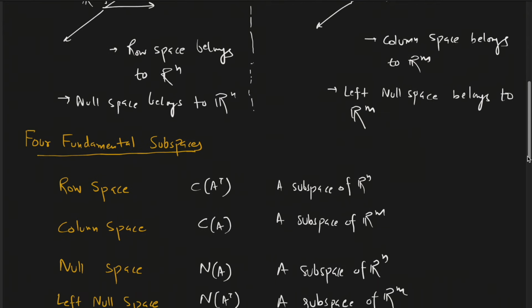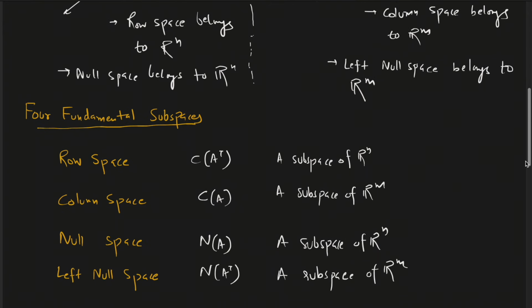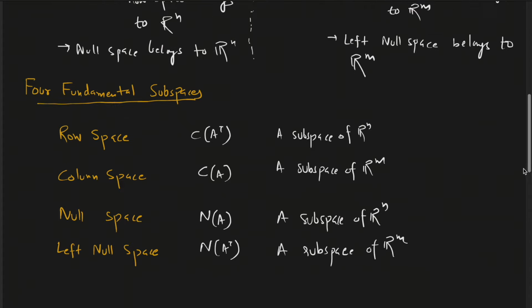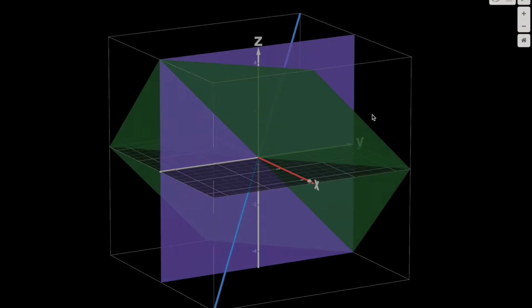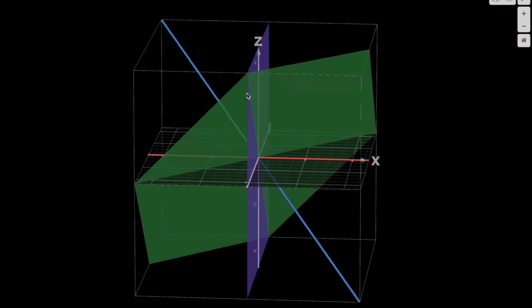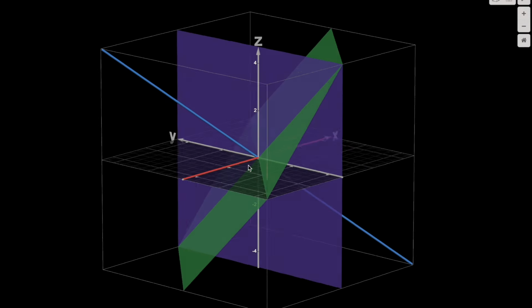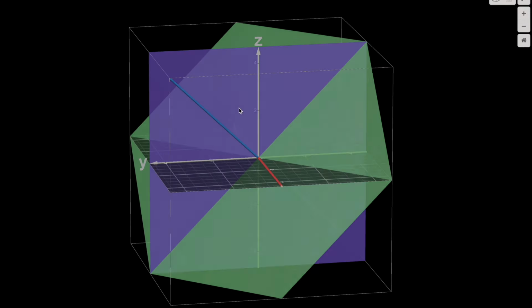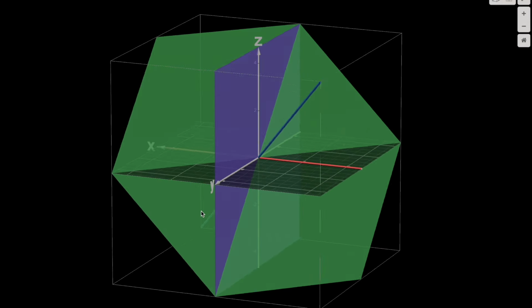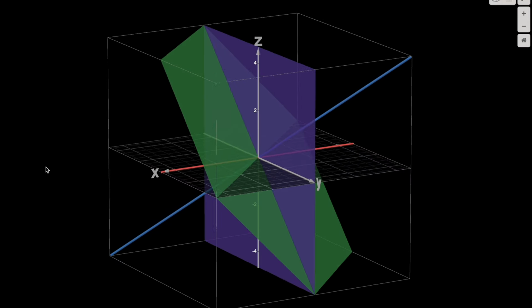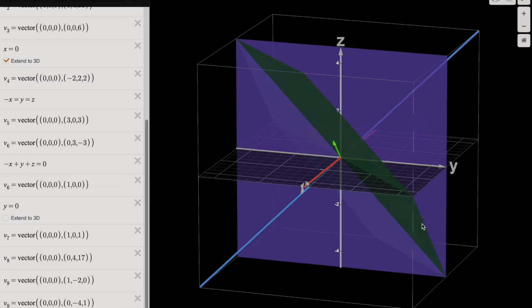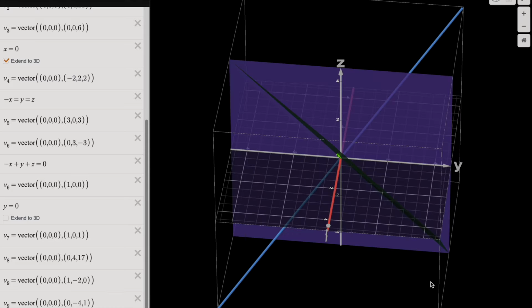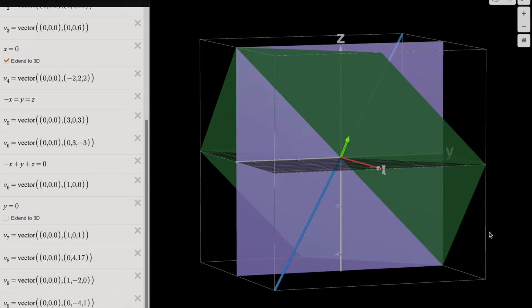All right, let's see some visualization. This purple plane is the column space of that matrix. The green plane is the row space. The blue line is the null space, and the red line is the left null space. Now just notice one thing. This green vector is lying in the row space, in the green plane.